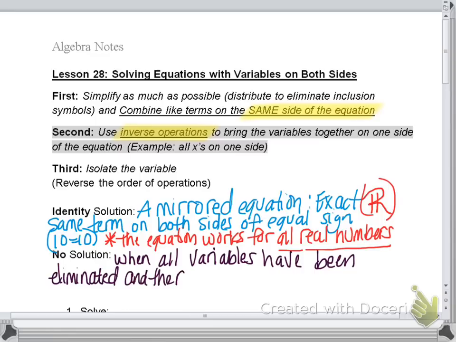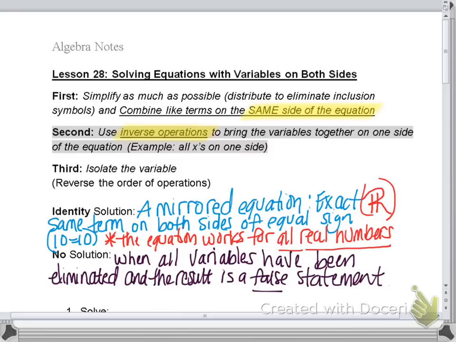And the result is a false statement. Keyword there being false. So let's look at an example of that.